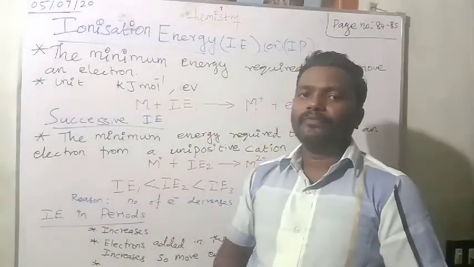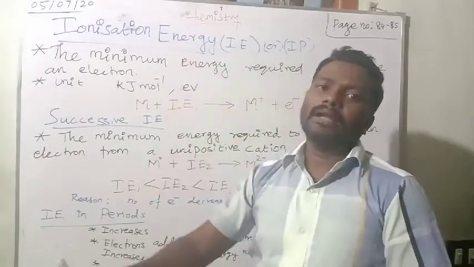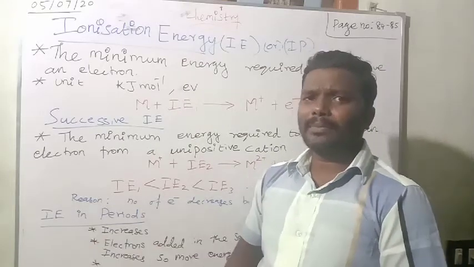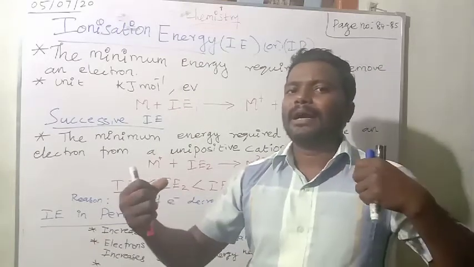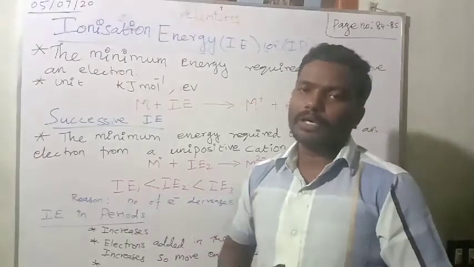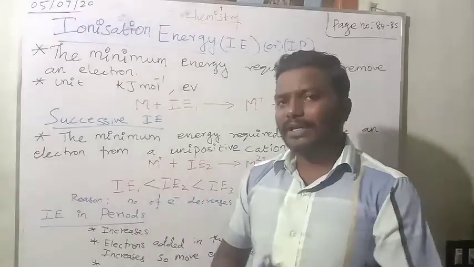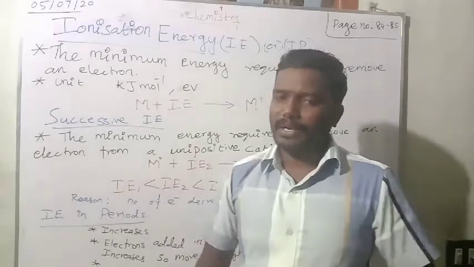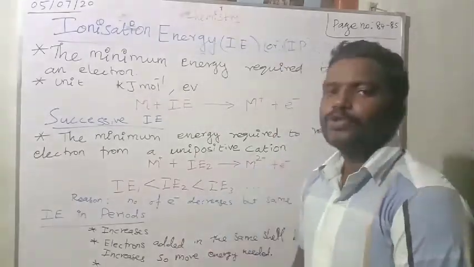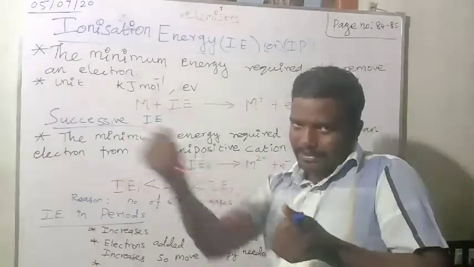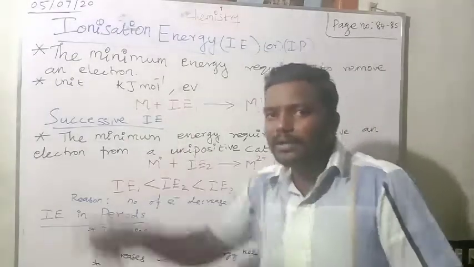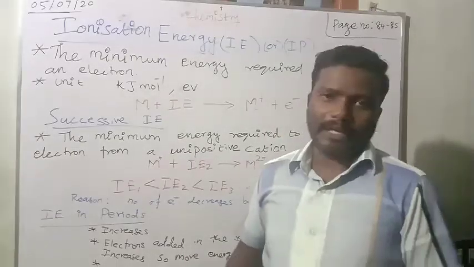From that atom we remove a loosely bound electron. Loosely bound means it does not have a high force of attraction with the nucleus. We know the nucleus has a positive charge and the electron has a negative charge. The positive charge attracts the negative charge towards itself, and because of that electrons revolve around the nucleus.